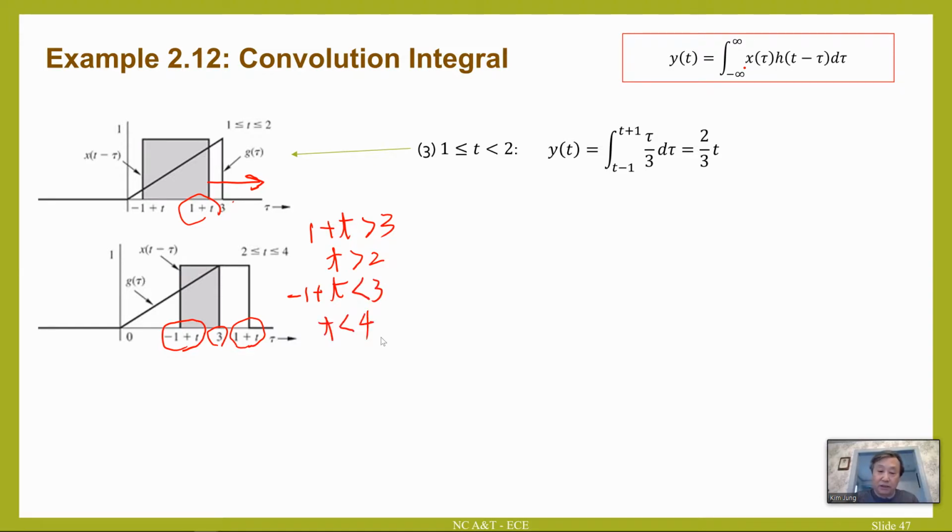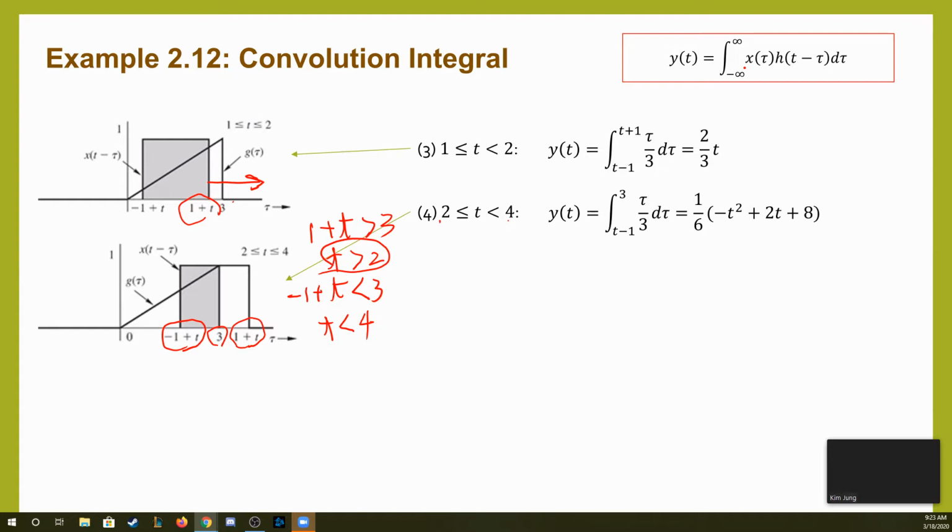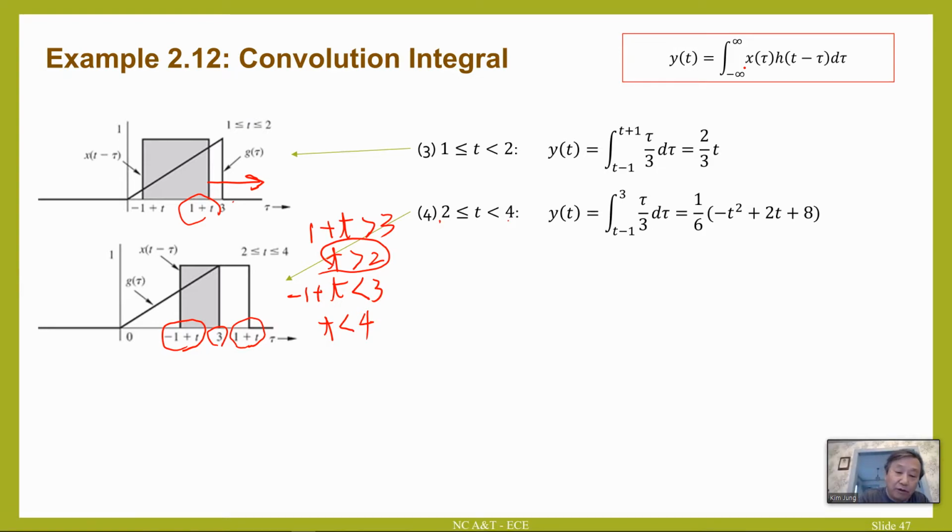In this condition, the partial overlap is the shaded area, from minus 1 plus t to 3. So the integration is this kind. If we move it further, raise this guy now.